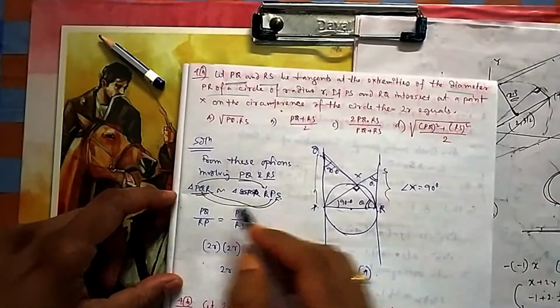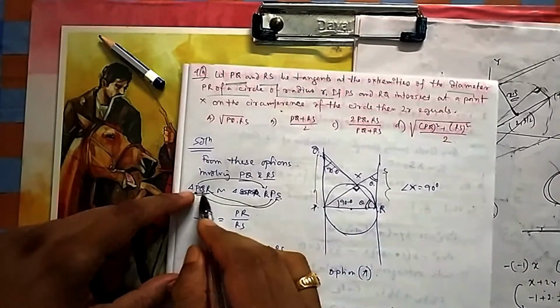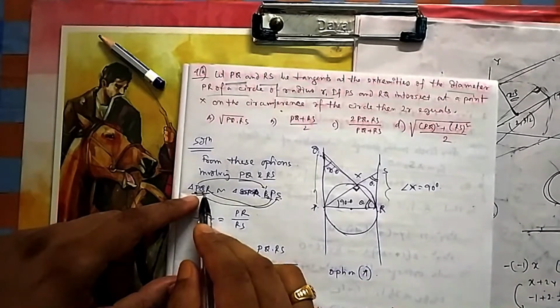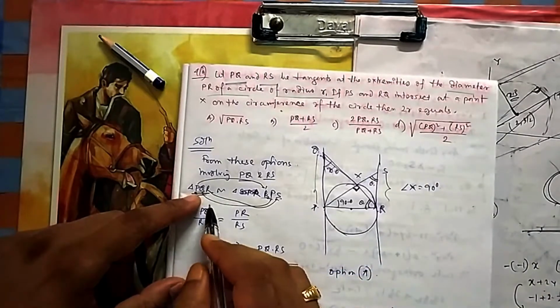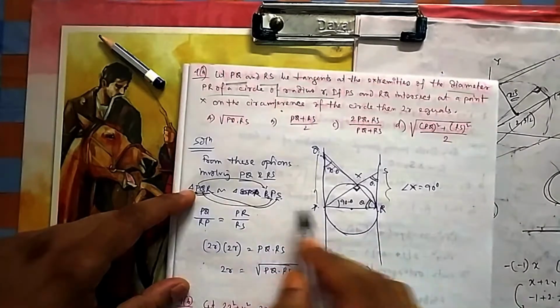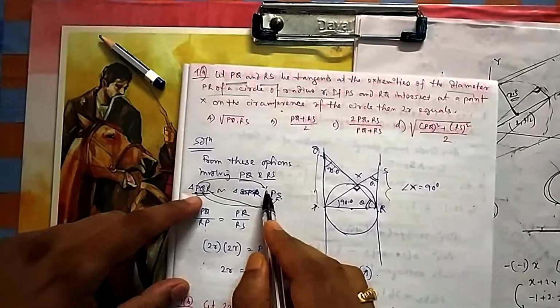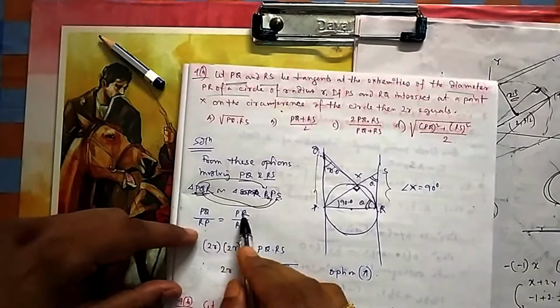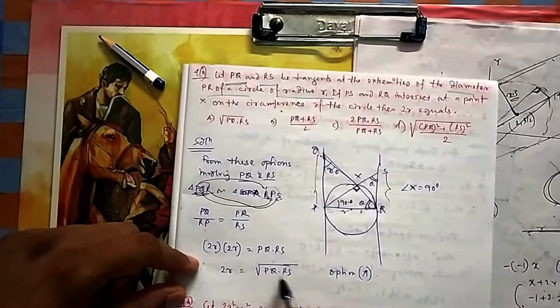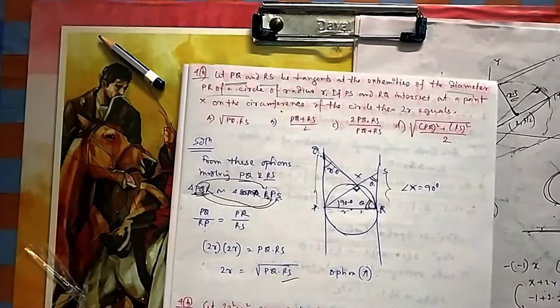Now I need to find PQ. So if I take PQ from this side, this side I have to take RP. If I take again what I need, PR, let me take PR. If I take again, that will give you 2R. So let us take PR from this side, and from this side it will be RS. So PR and RP are equal, both are equal to 2R, because if it is R, then PR is equal to 2R. So 2R is equal to under root this one.